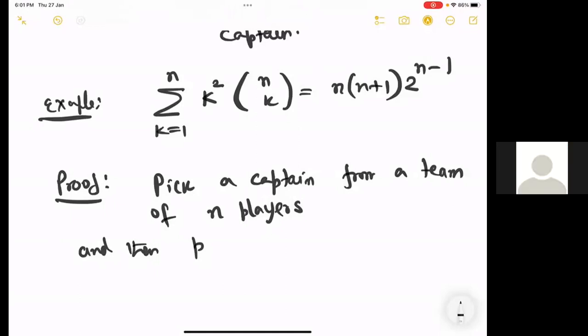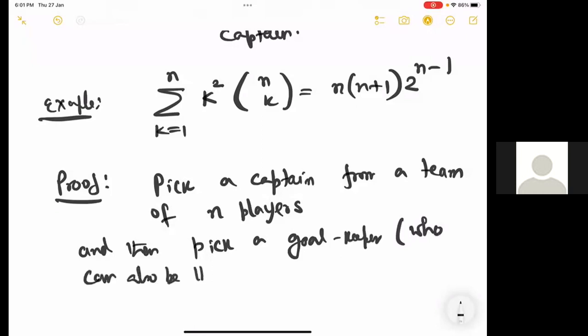Yeah. So pick a captain from a team of n players and then pick a goalkeeper, who can also be the captain already picked. It could be a different person also.